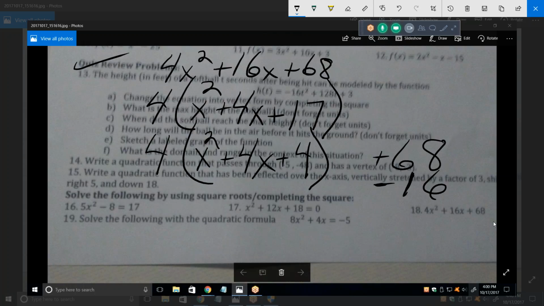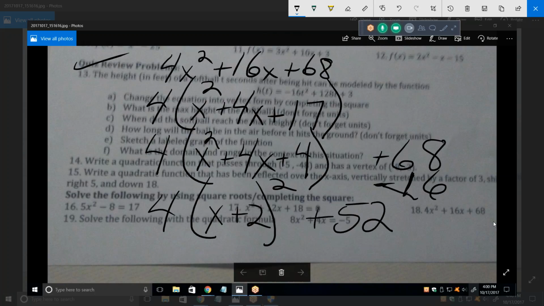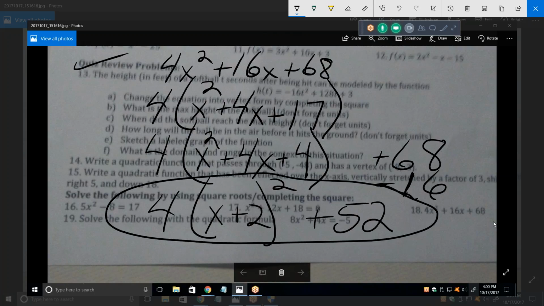Because all I'm doing is taking this expression and turning it into where it looks now like what goes in the middle here: x plus 2 squared. And over here I got plus 52. Now, that is the same as what we started with. If you were to expand that out, you would get that quadratic.